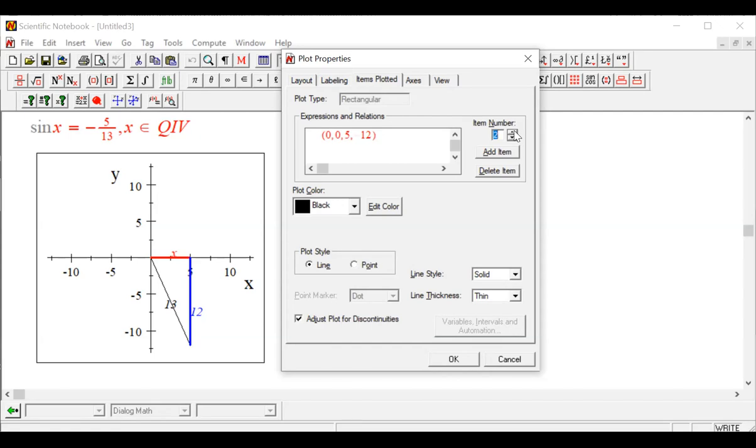13 is the right place, right? But my y is -5. So this is going to be -5.